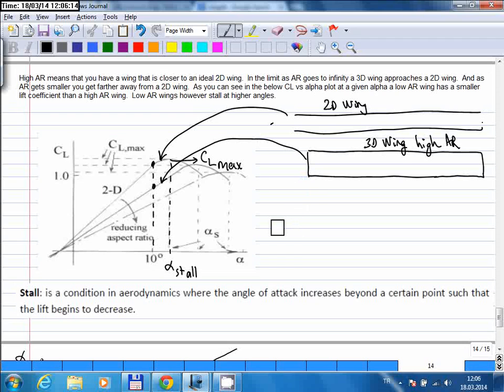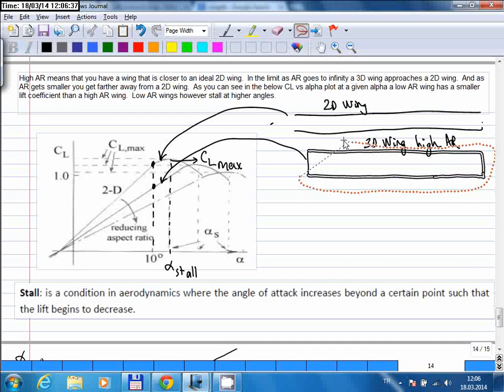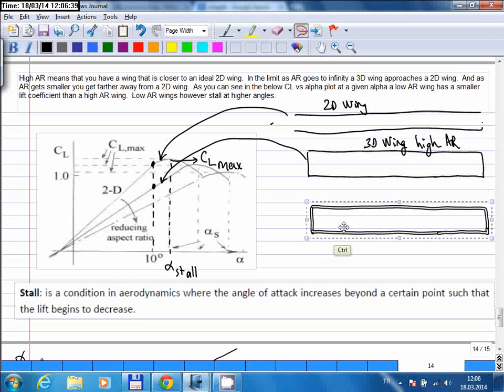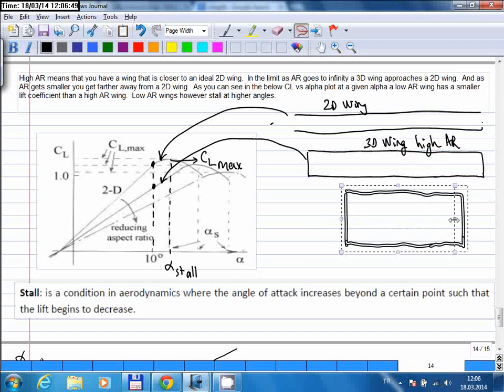And if you make the aspect ratio even smaller, okay, so I'm talking about something like this.